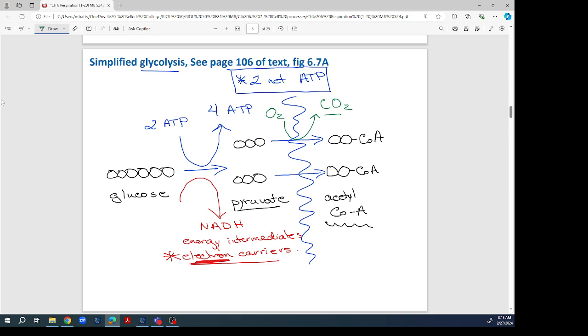And so this part here, this kind of continuation of glycolysis, does need oxygen to prep the acetyl-CoA to go into the Krebs cycle, but the glycolysis itself did not need oxygen. So this is no oxygen, and it happens in the cytoplasm. This is not glycolysis over here, but this prepares for the Krebs cycle.